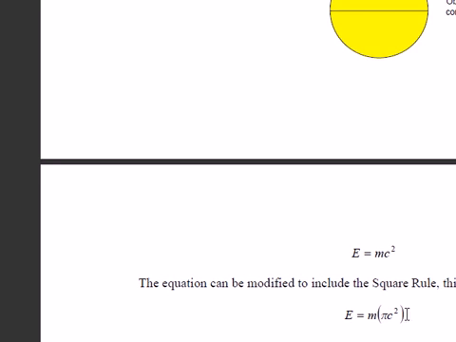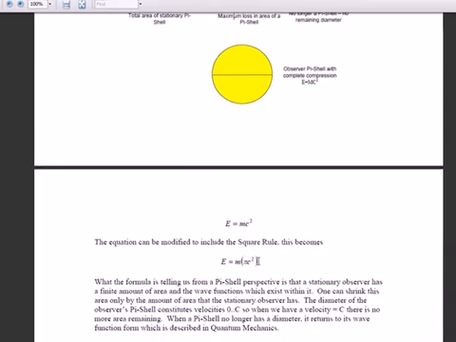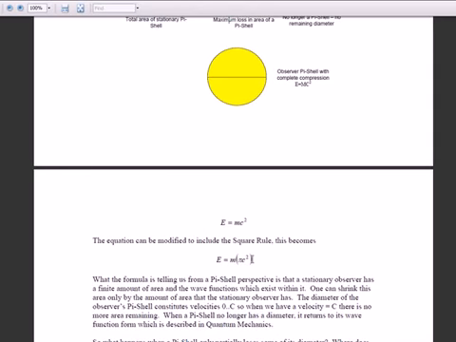So if we apply the pi space atom view, where an atom is just a sphere, you're removing all the area of the sphere, and the modified Einstein formula becomes E is equal to m times pi times c squared.